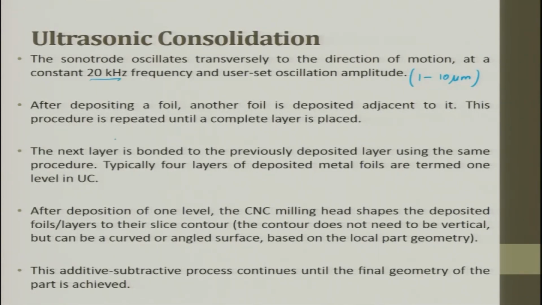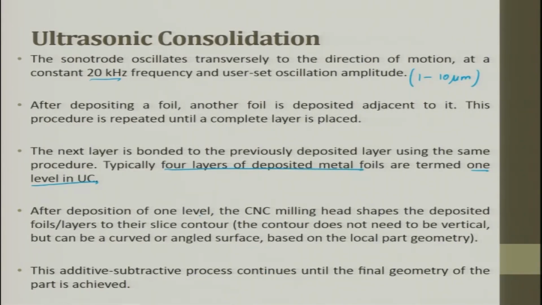This procedure is repeated until the complete layer is placed. The next layer is bonded to the previously deposited layer using the same procedure. Typically 4 layers of deposited metal foils are termed one level in UC, so that you get a considerable amount of thickness.